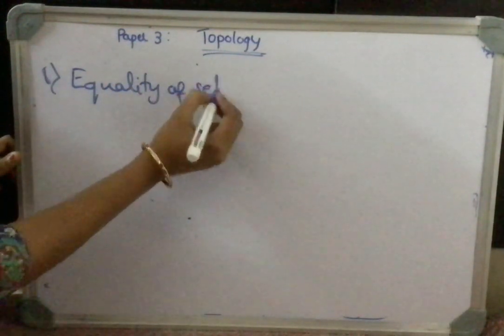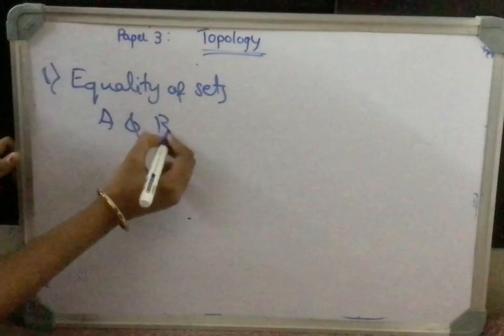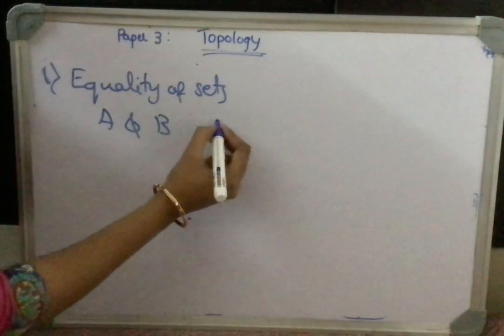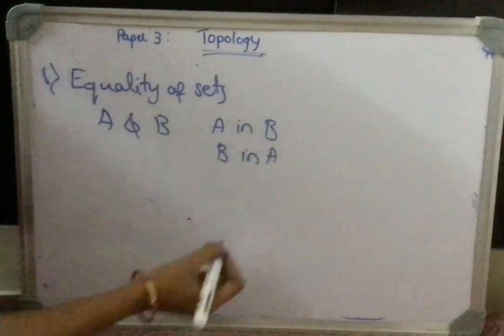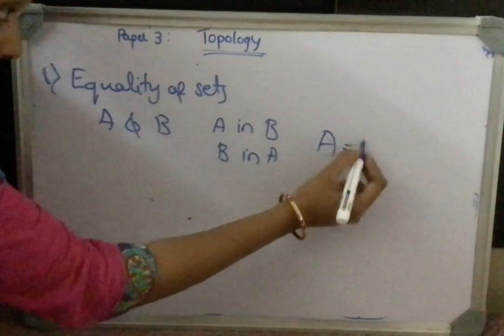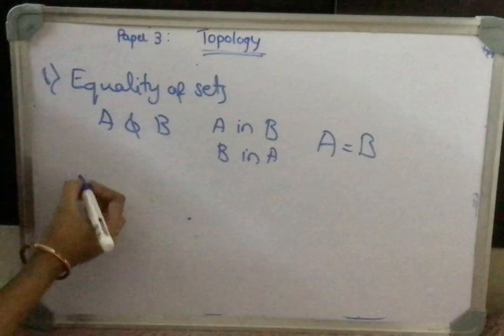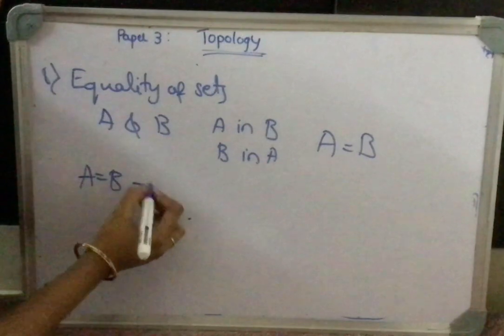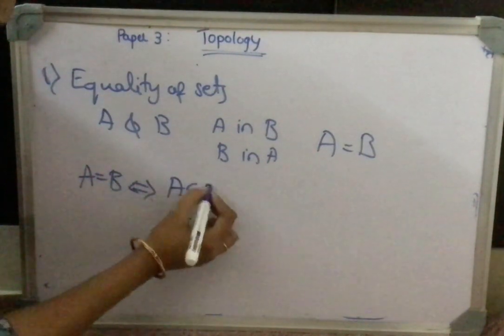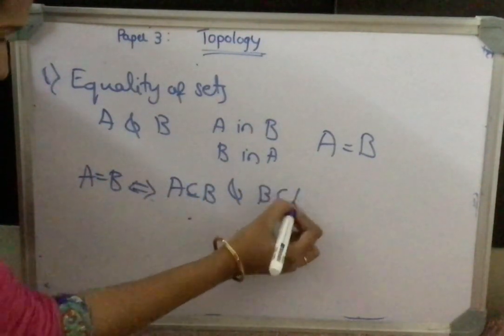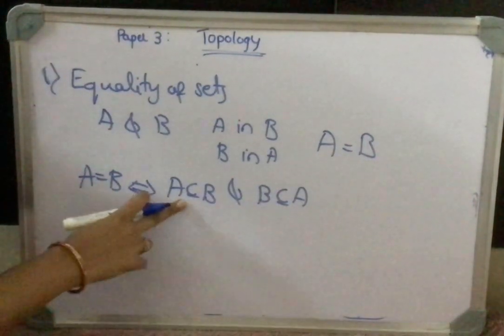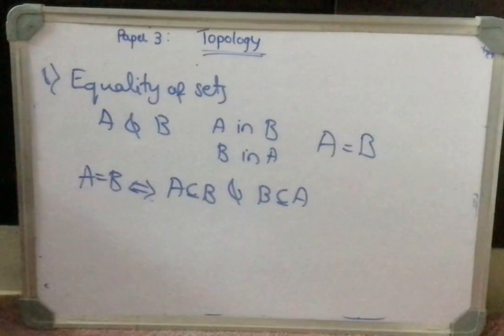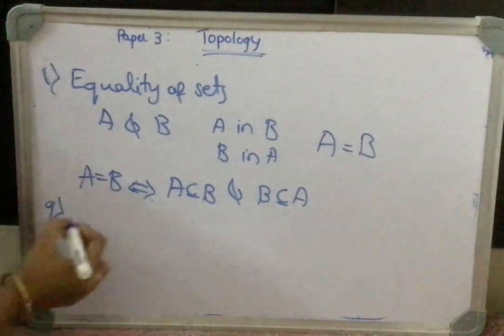If A and B are any two sets, if every element of A is in B and every element of B is in A, then A and B are equal sets. If A is equal to B, that implies A is a subset of B and B is a subset of A. To prove equality of sets, we use this rule: A is a subset of B and B is a subset of A. Next is comparable sets.